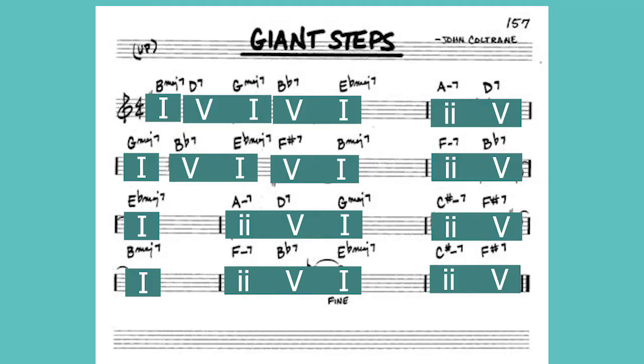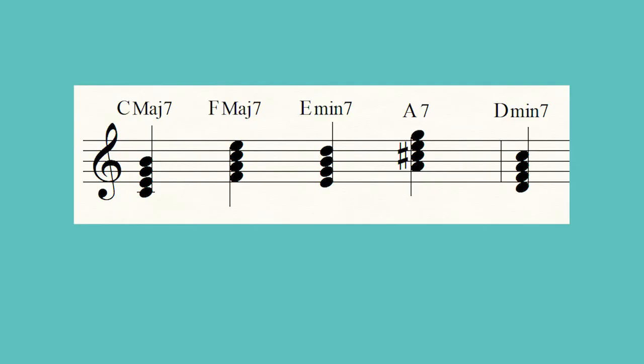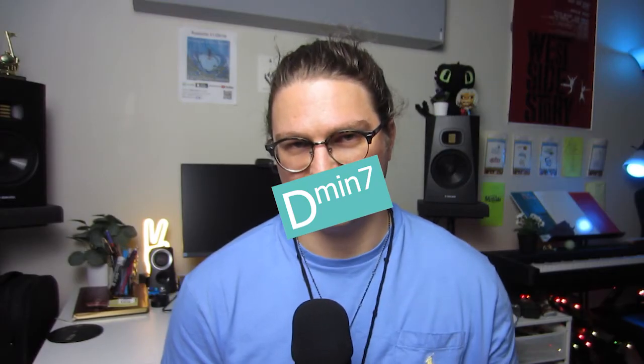For example, let's go back to Giant Steps. We have 2 5s in all these different keys. You might have a chord progression that's 2 5 1 in a different key, and then you go back to the original key. So one way you might see this is, let's say you have C major 7, then F major 7, then E minor 7, A dominant 7, and then G minor 7.